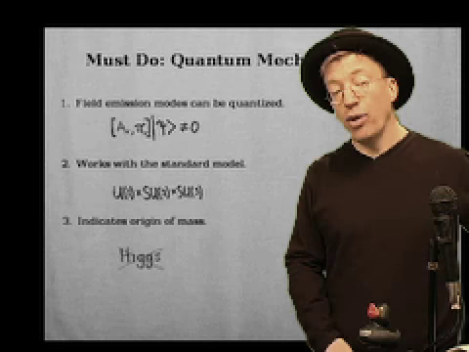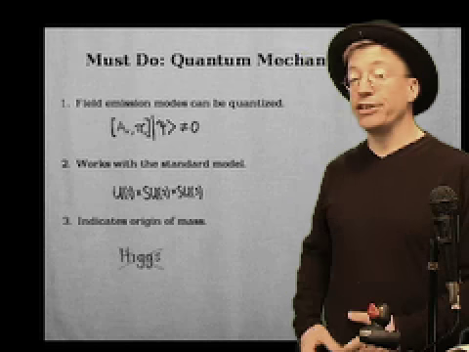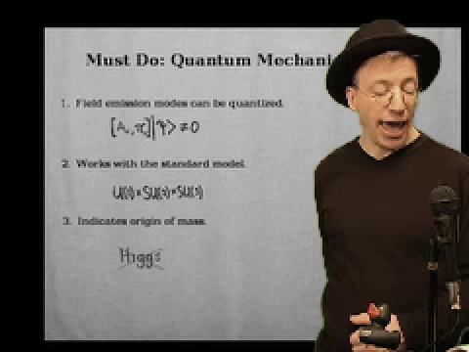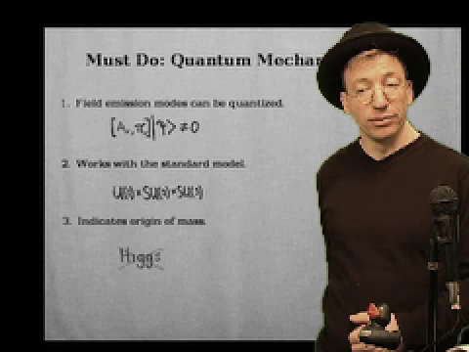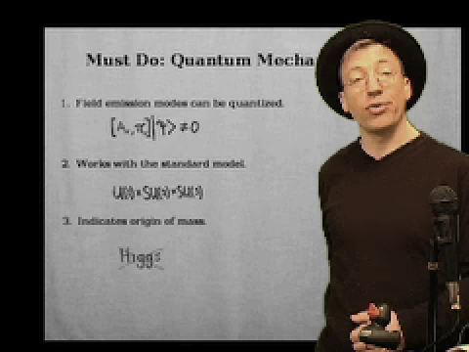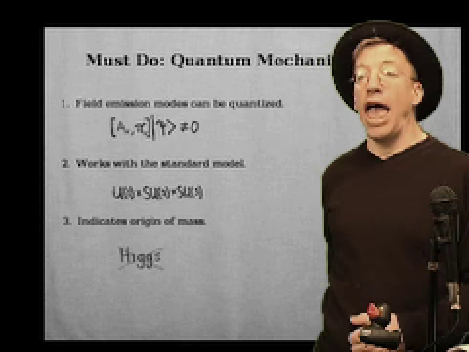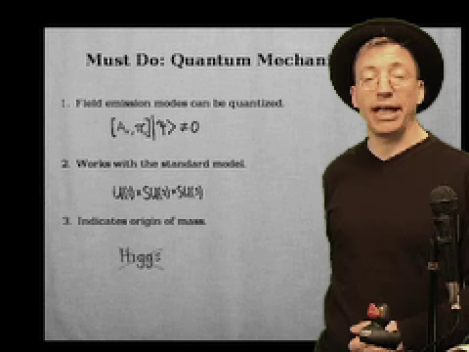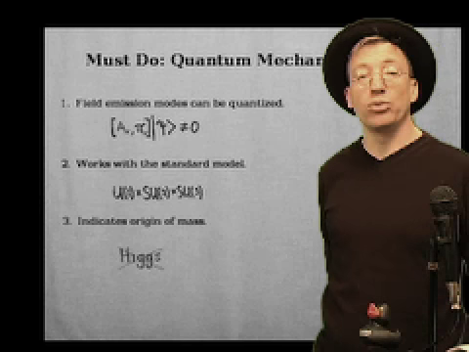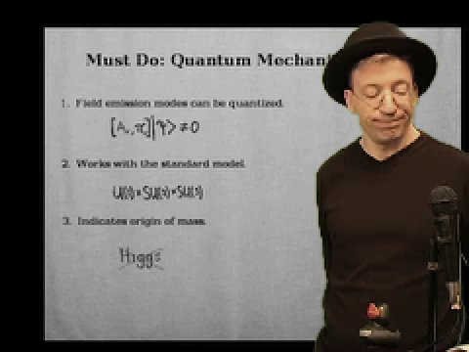What must we do for quantum mechanics? We need to show why our theory can be quantized. We need to show how it's going to integrate elegantly with the standard model. And we hopefully will get some indication as to what mass is all about.